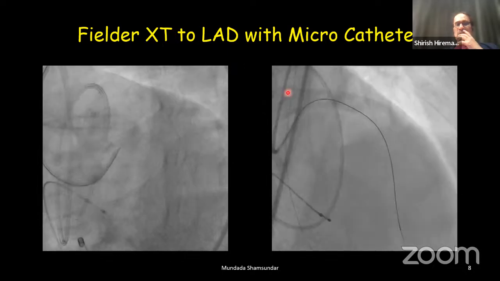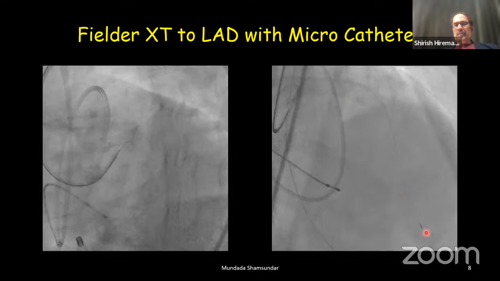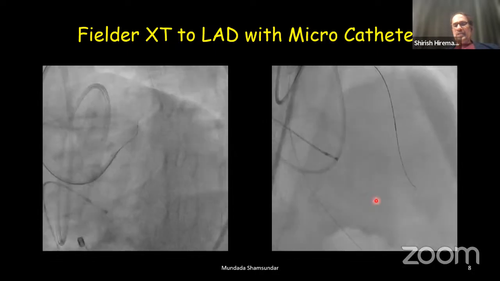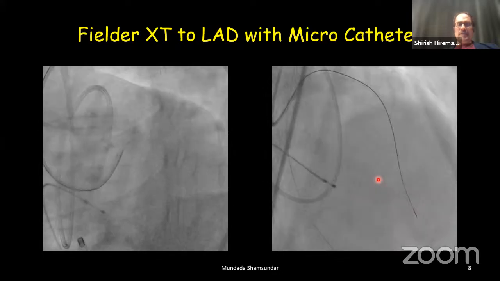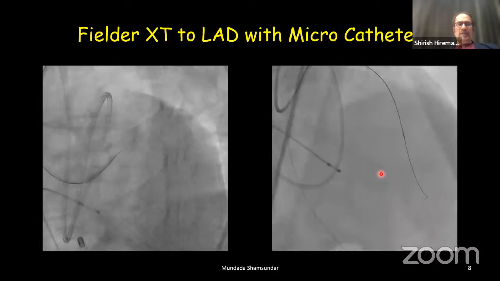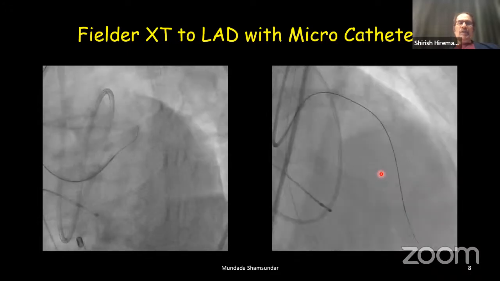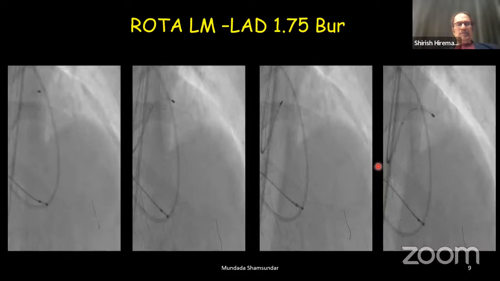So once the Fielder XT was in LAD, it's very easy to move it down. Over this, the microcatheter came in, and then you remove the microcatheter since this is a 300 centimeter length wire, extra length. And we did a rota with 1.75 burr to left main distality and the LAD.